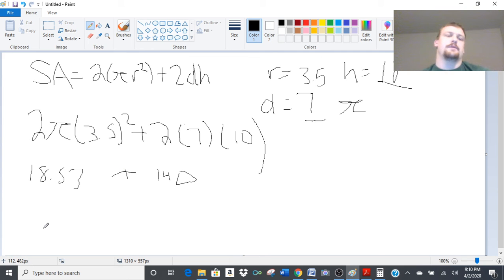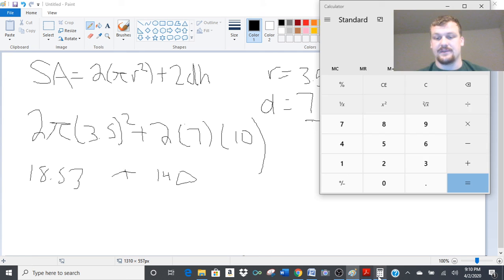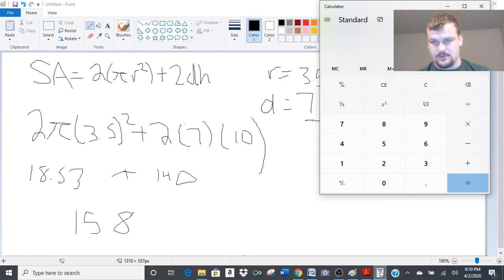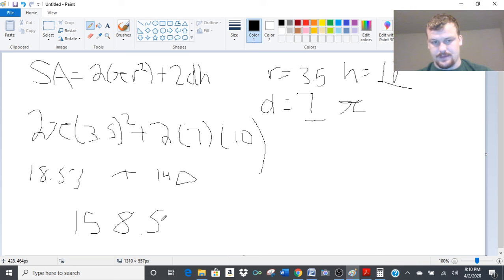To get the final answer, we do the left side plus 140. So our answer is 158.53 feet squared.